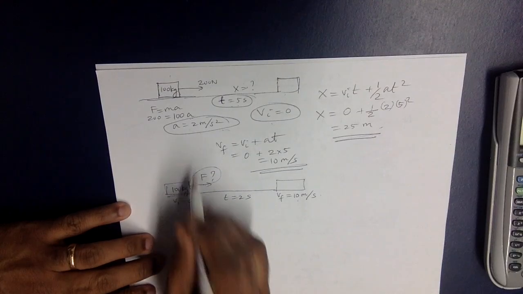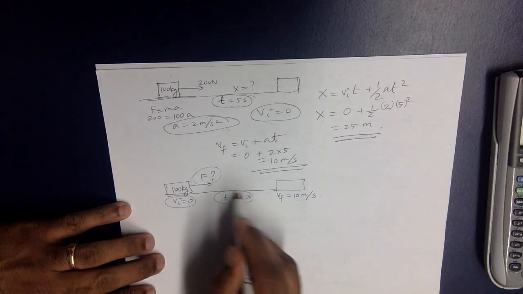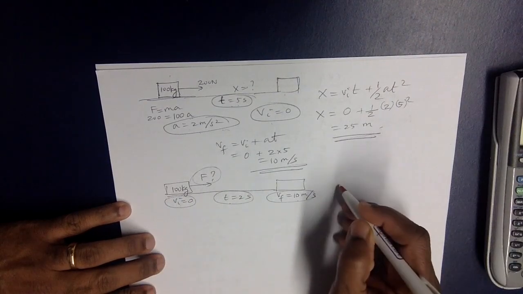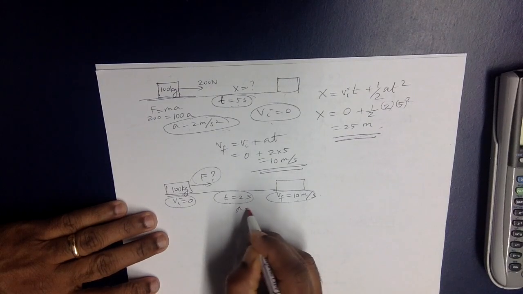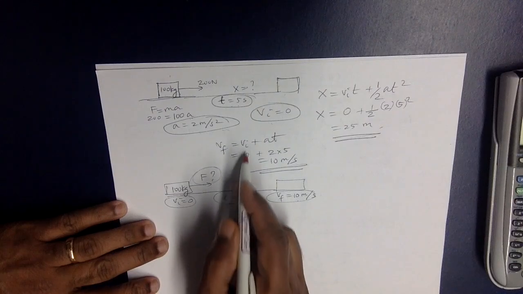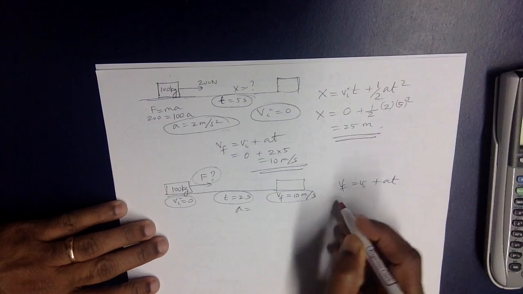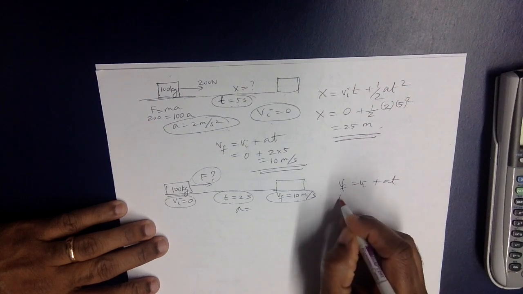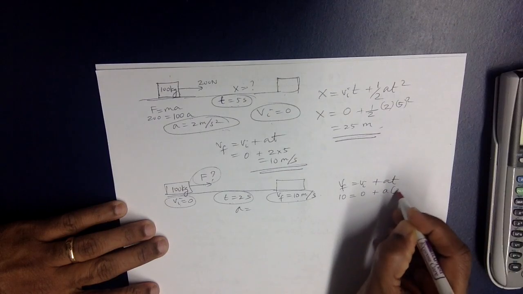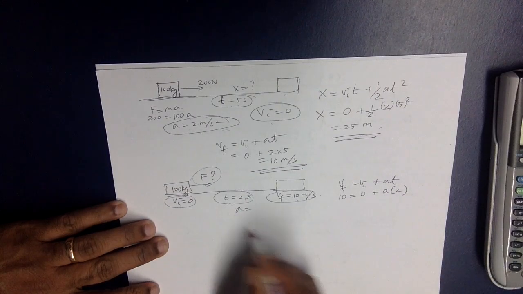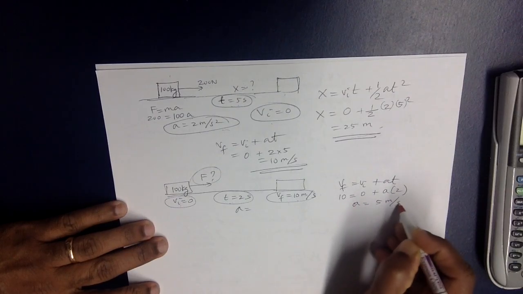To find this force, we need to get the acceleration first. With these 3 pieces of data, can you find the acceleration? You use this equation, vf = vi + at. Substitute 10 = 0 + a times 2 seconds. So therefore a comes out to 5 meters per second squared.